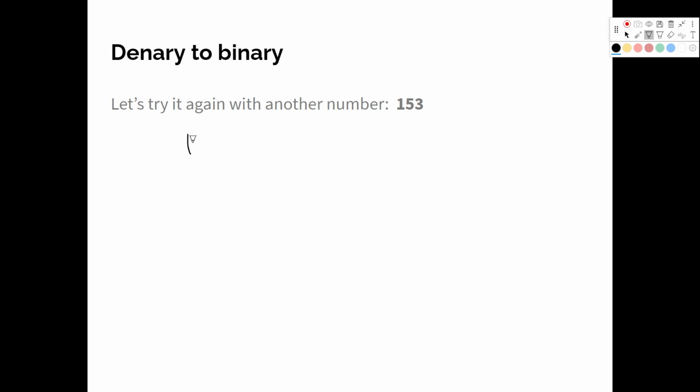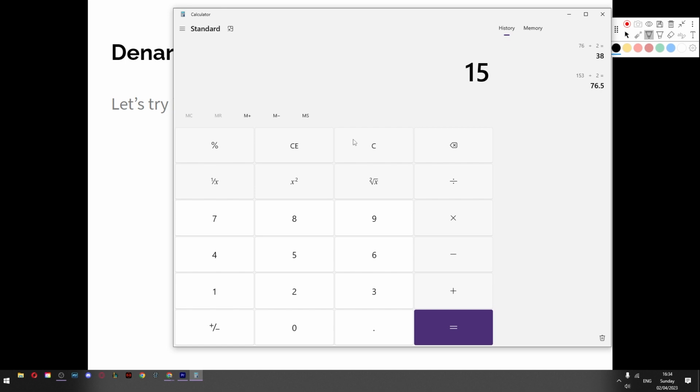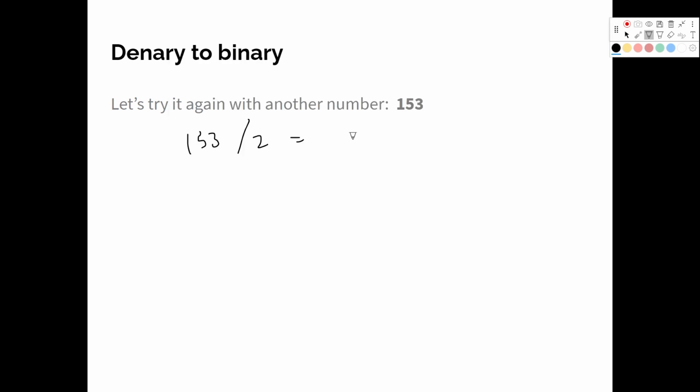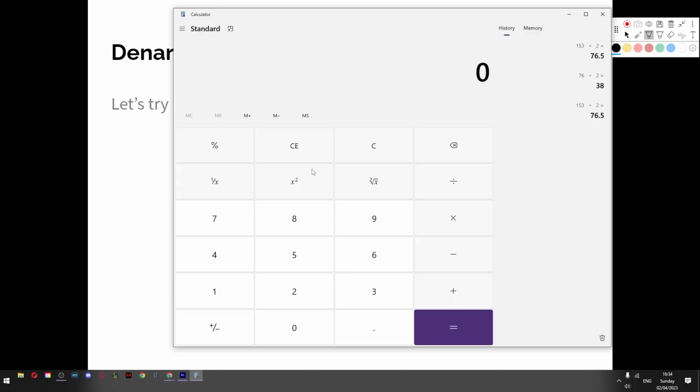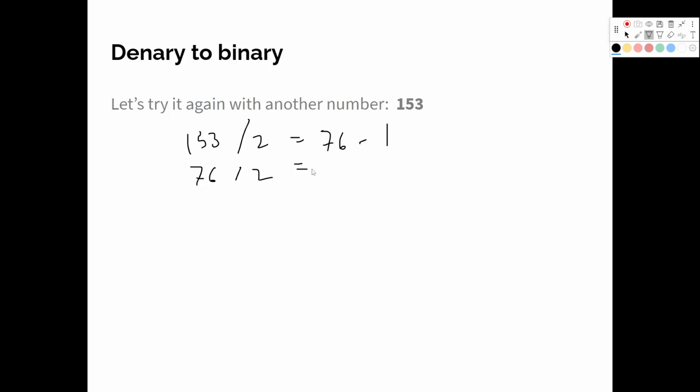So let's try it again with the number 153. We take the number 153, excuse my awful handwriting. We divide it by 2, and I'm going to need a calculator for this. That's 76, remainder 1. And then we take 76 and divide it by 2, and that gives us 38.